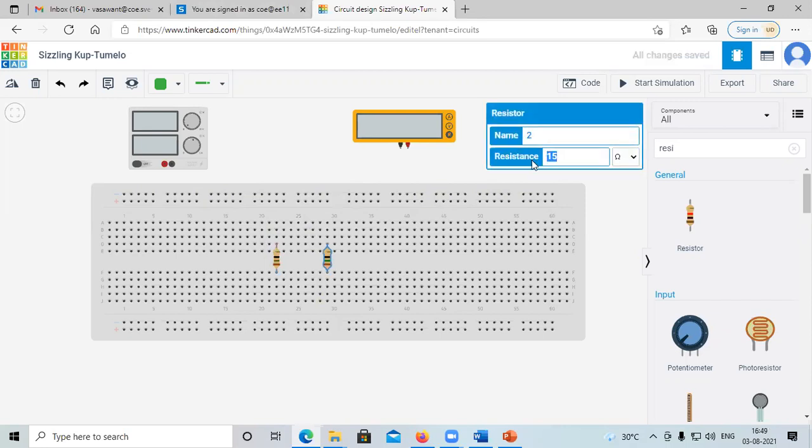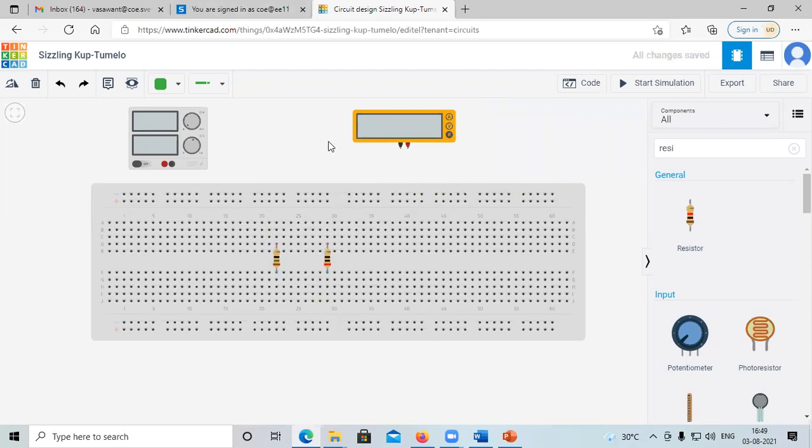Value of RL is nothing but 20 ohm, and we want to measure the current flowing from this. याच्यामधून flow होणारा current check करायचा आपल्याला.